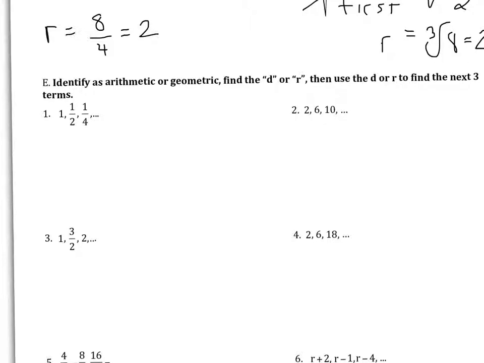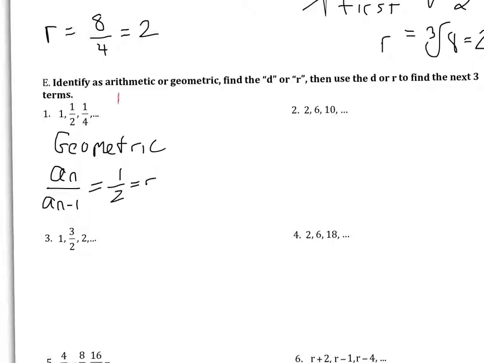So this is definitely going to be geometric. If I took any term, your a sub n, divided by the term before it, you get 1/2, which is the common ratio. So then writing in the next three terms, if I multiply by a half, I'm going to get 1/8, 1/16, and 1/32.